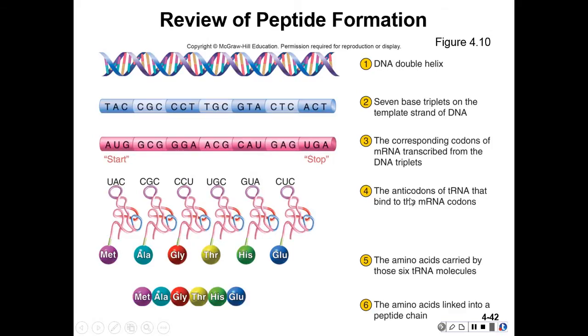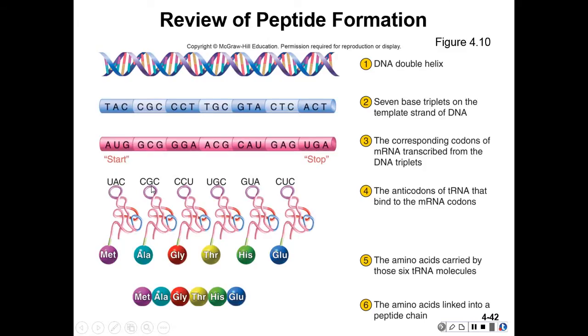So number 4, the anticodons of the tRNA that bind to the mRNA codons. For each codon that we have, we're going to have different amino acids. UAC, here we go.